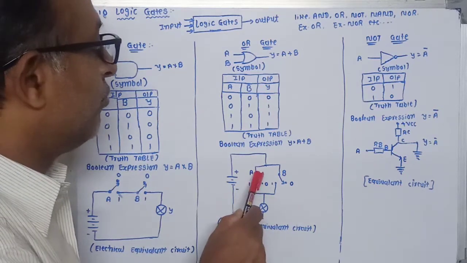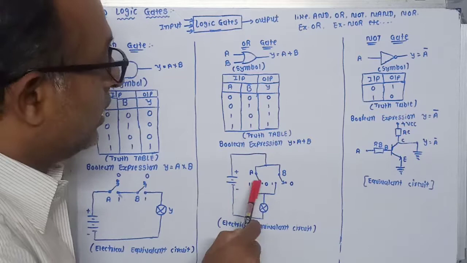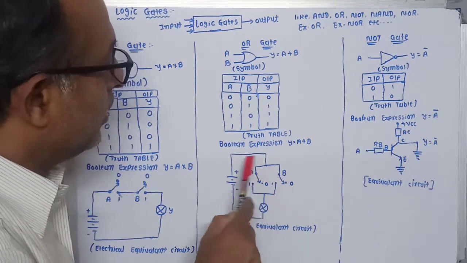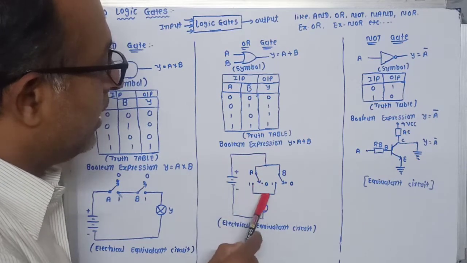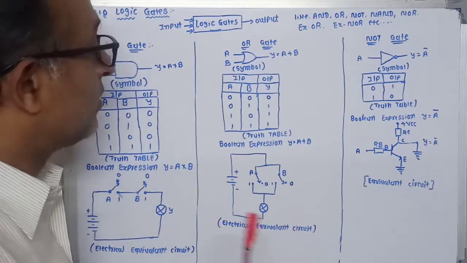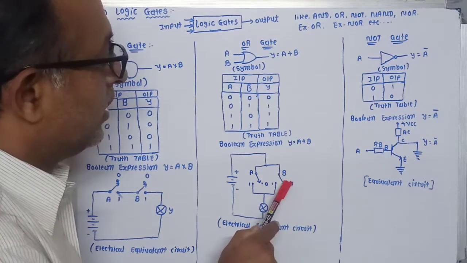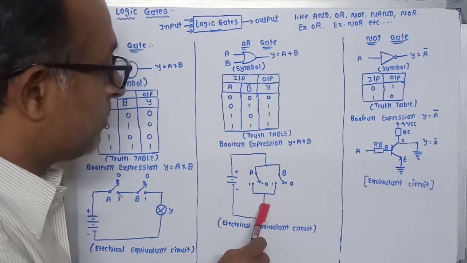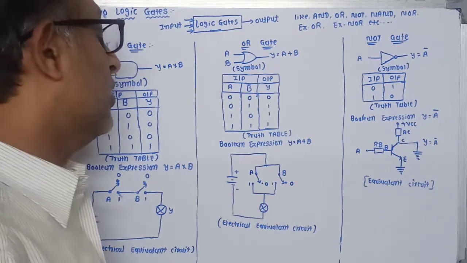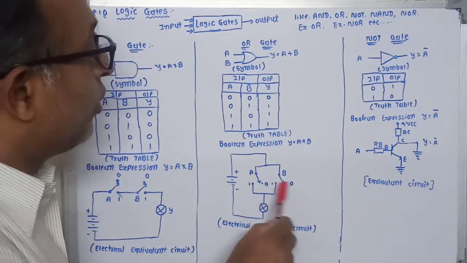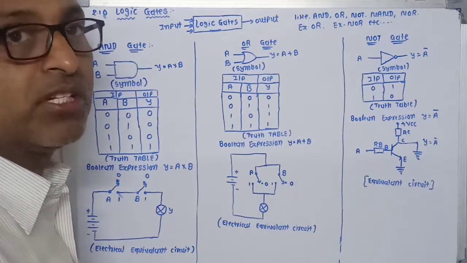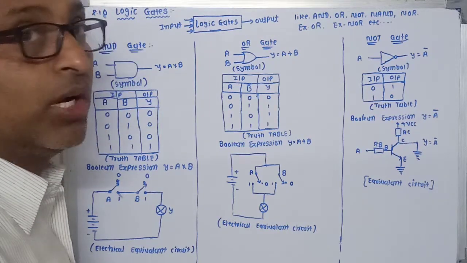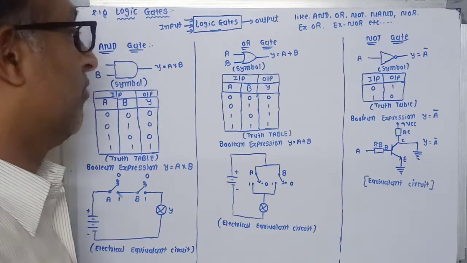These are inputs A and B. If any one is turned on, suppose A is at 1 and the other is 0, then the current passes through the A path and the lamp will glow. Similarly, if both are on, the current is divided into two parts and passes through the lamp and it is turned on. But if both are in 0 position, that means it is an open circuit and there is no current passing through this lamp, which keeps the bulb in off condition.